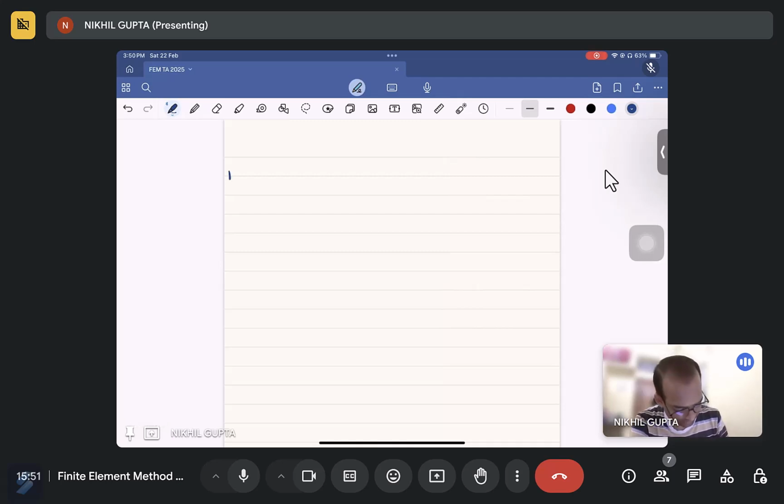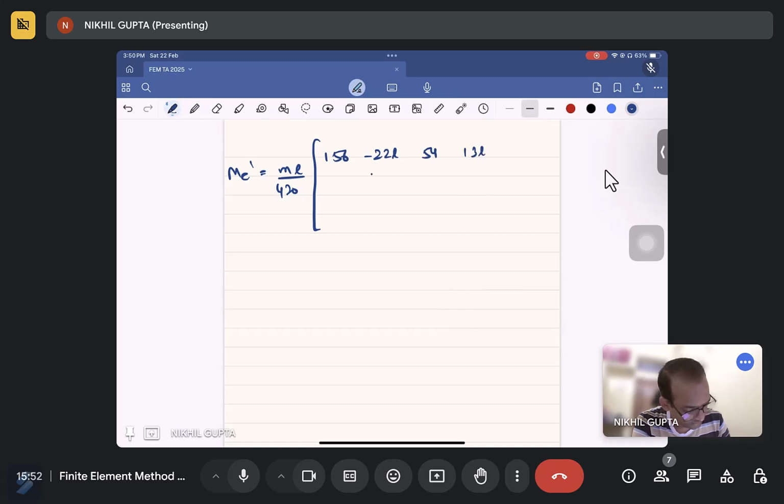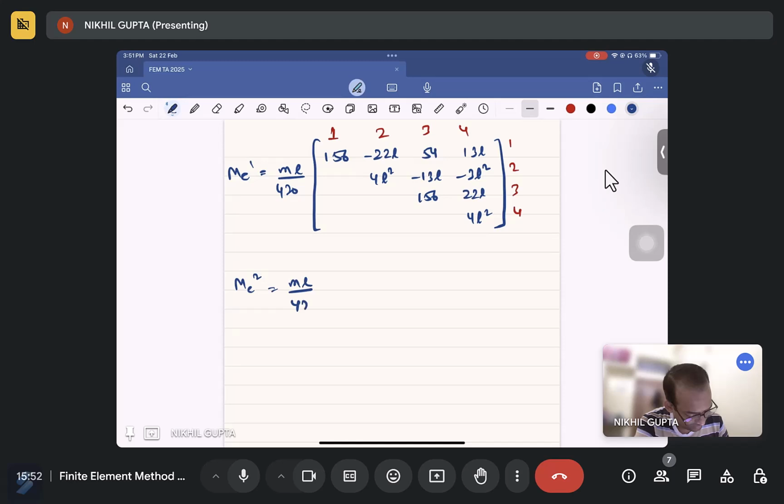So now I'll write it for the first element. For that, He is equal to L, so I'll replace all He with L, and we'll get this matrix. So 1, 2, 3, 4. Similarly for Me of the second element, since L is the same and properties are the same, the matrix will also be the same.